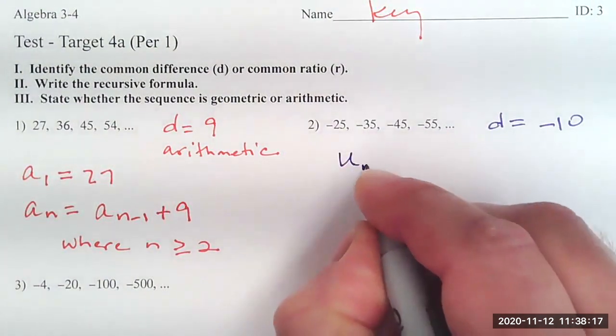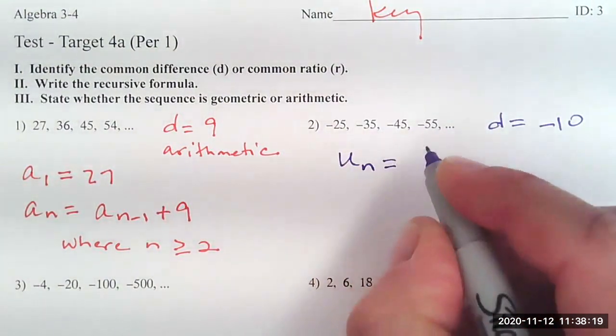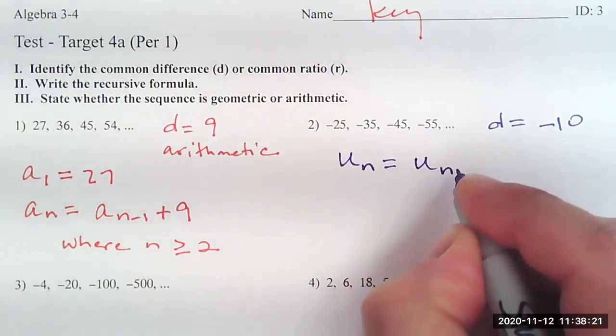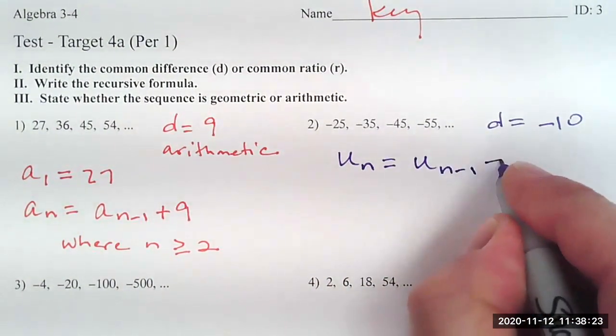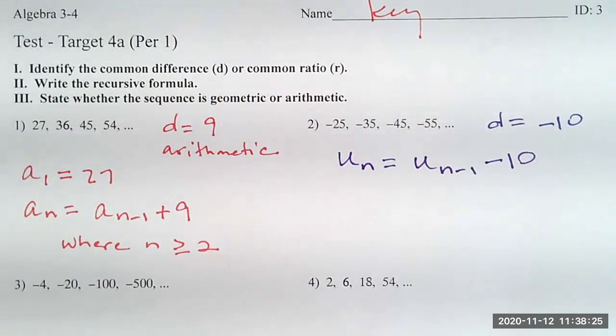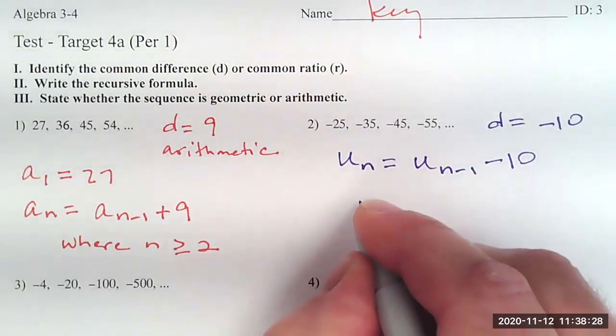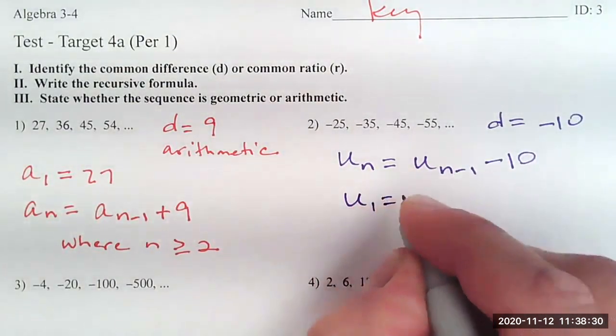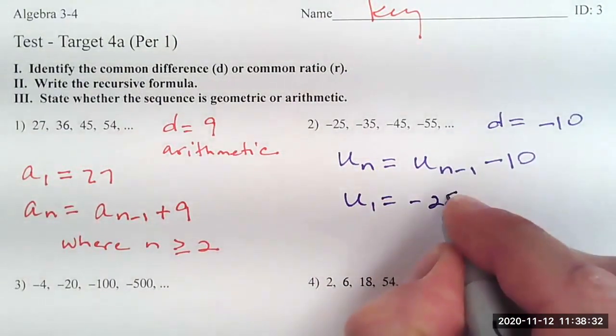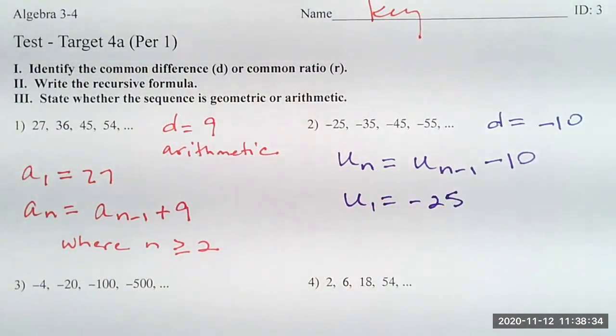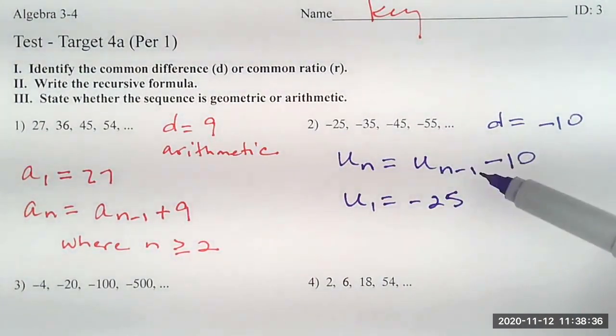I can say U sub n equals the term that came before, subtract 10, and the first term was a negative 25. Arithmetic.